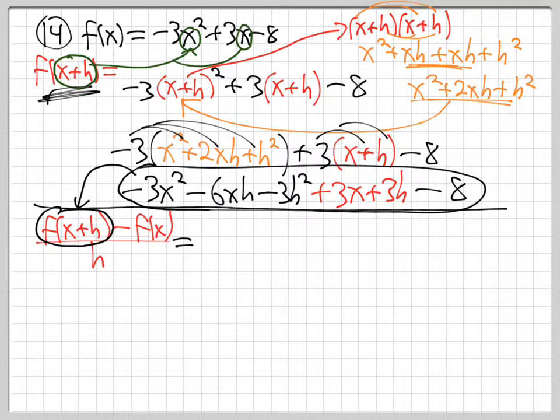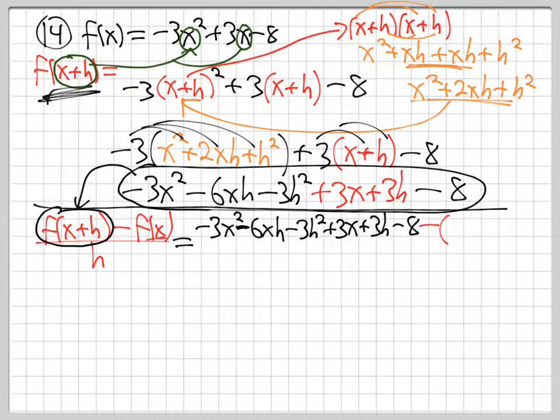So this will equal, so first thing is all of this stuff, minus 6xh, minus 3h squared, plus 3x, plus 3h, minus h, all of that, and then minus, and then comes the f of x. What's f of x? Well, right there. That's f of x, huh? So that'll be, I hope I have room here, let me see.